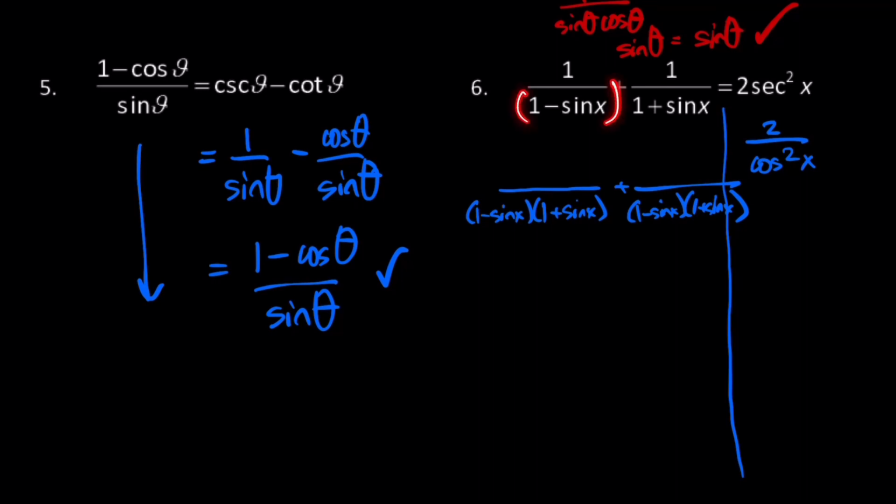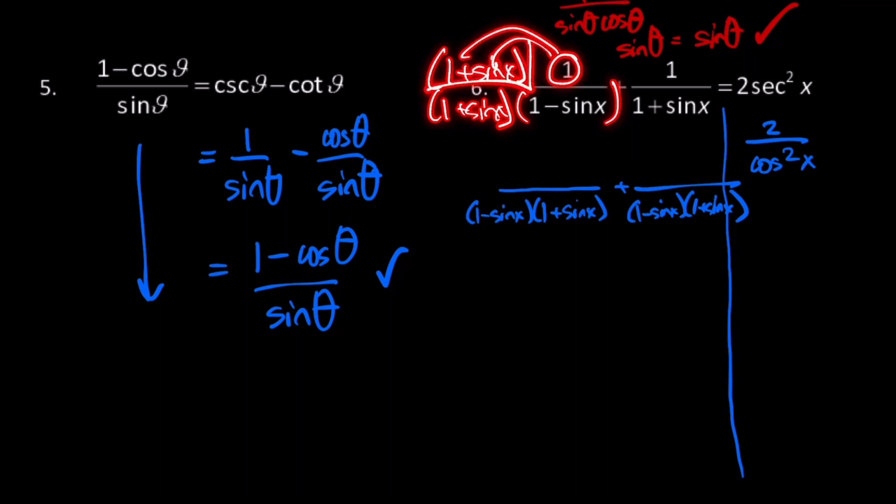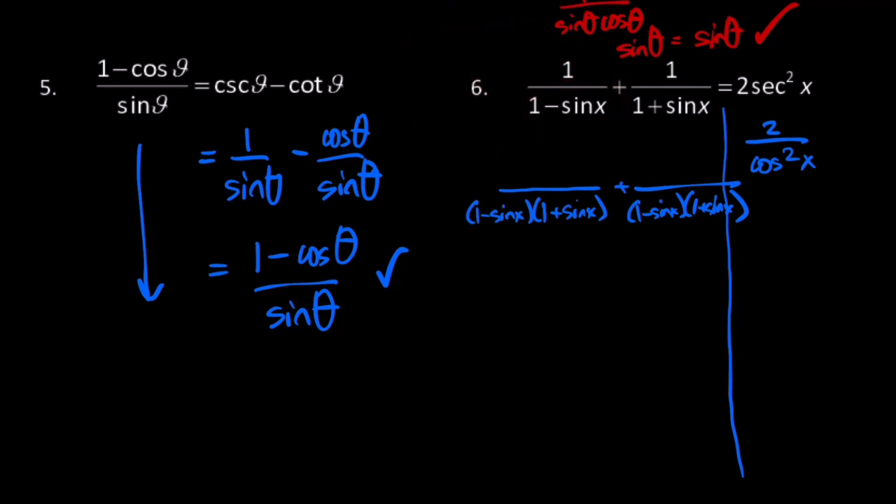Well, this one I have to multiply by 1 plus sine x over 1 plus sine x. Since I'm just multiplying a 1 by that, I just get 1 plus sine x in that numerator. How do you get your next one? This one I have to multiply by 1 minus sine x over 1 minus sine x. Since that's just a 1, I get 1 minus sine x.